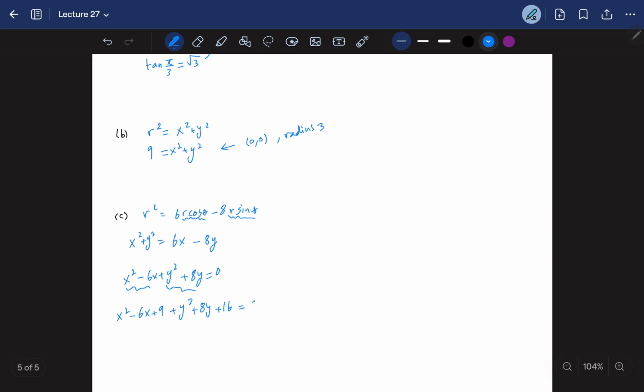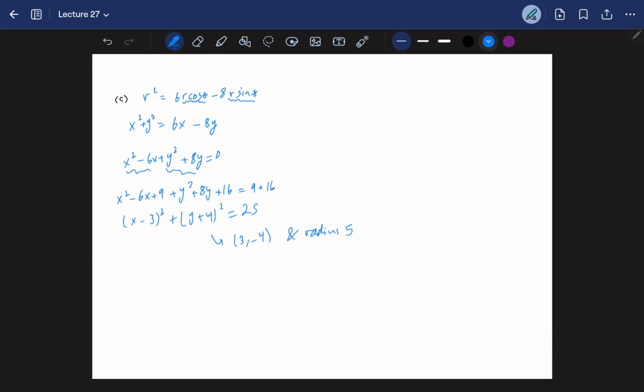But anything we do on one side, we need to do to the other side. So I'm going to have x minus 3 squared plus y plus 4 squared is equal to 25. And again, equation of a circle in terms of x and y with center 3, negative 4, and radius 5.